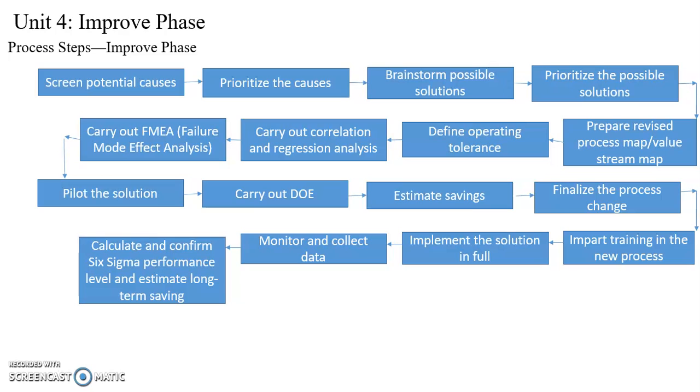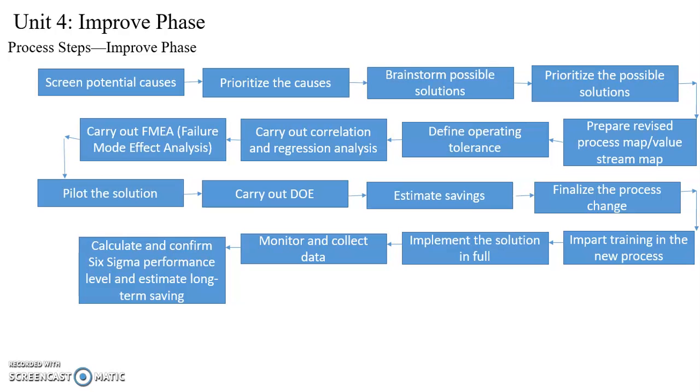After finalizing the solution and calculating the savings, the team should arrange a meeting of all the stakeholders of the project about the revised process to be implemented in the workplace. The most important thing is that no changes are allowed after this step.